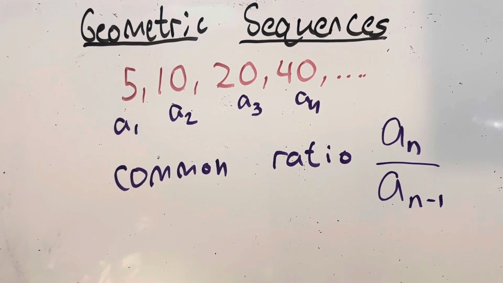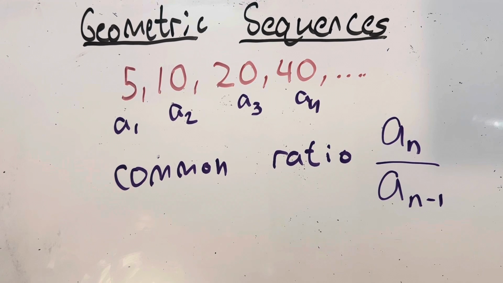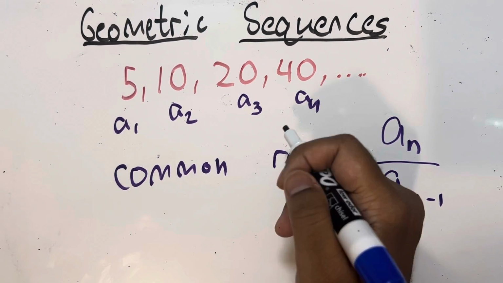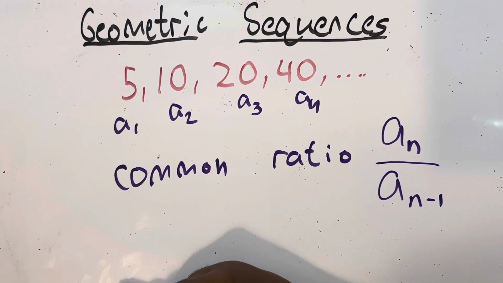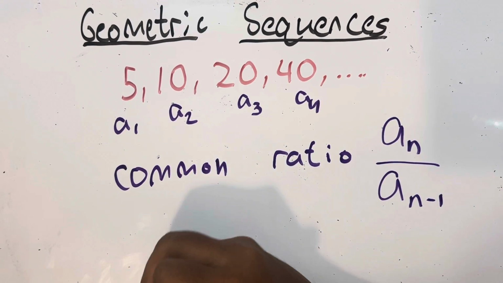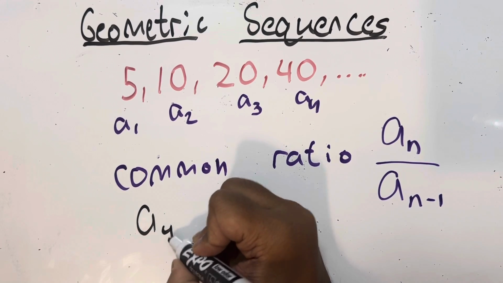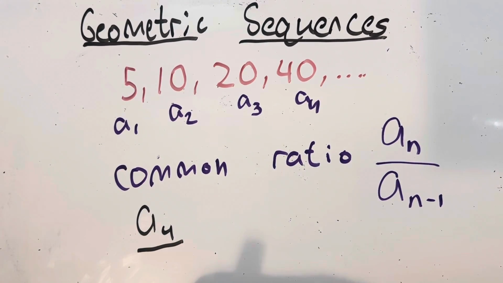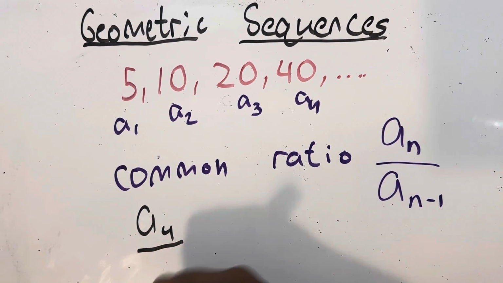So how can we find the ratio for this geometric sequence right here? It's very simple. We can take any of these terms and divide it by the previous term. I'm going to take a of 4, and divide it by what's before a of 4.